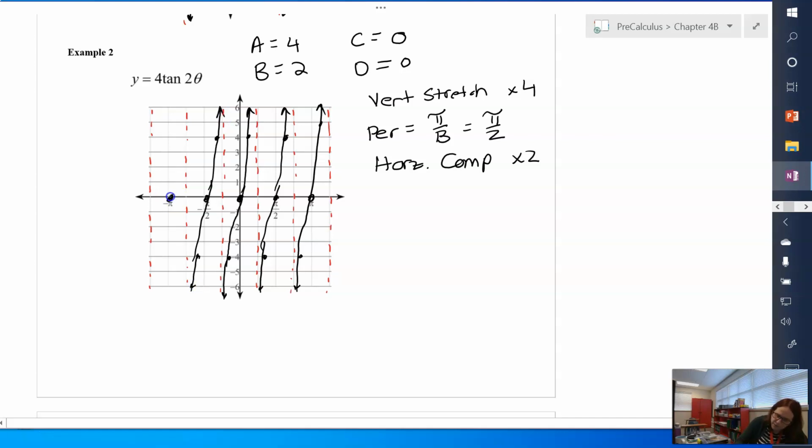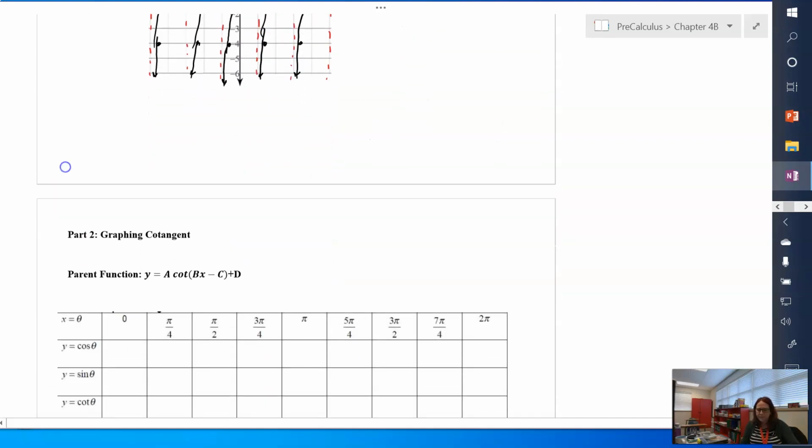And it repeats over here. So here we go. 4 tangent of 2 theta.